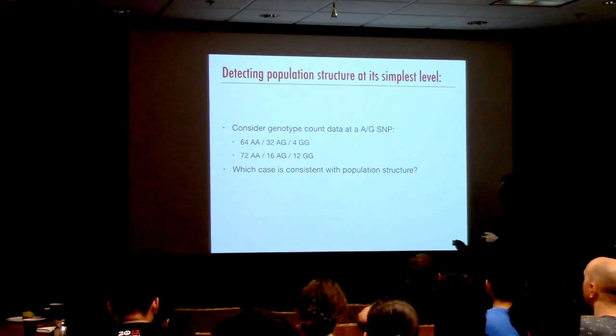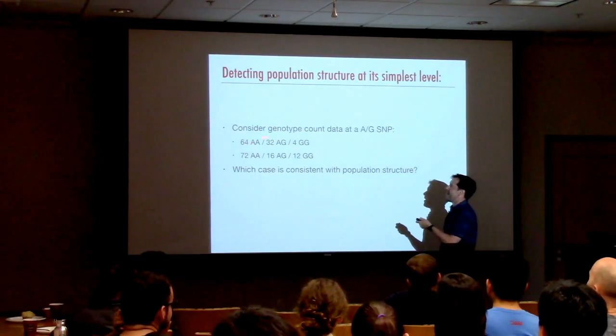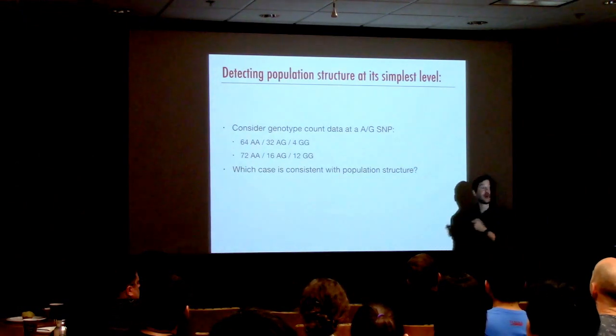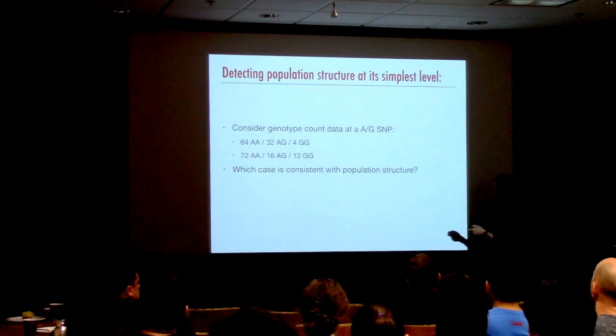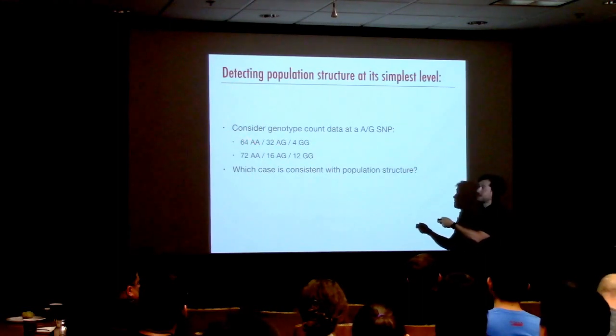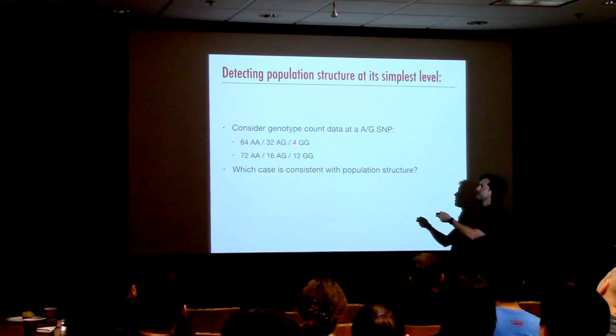If you're quick with math, you can catch that the allele frequency for A is 0.8, and it's actually 0.8 in both cases. If we take 0.8 squared, and there are 100 individuals here, 0.8 squared times 100 gives 64. So 2pq would be 32, and q squared, 0.2 squared, would be 4.